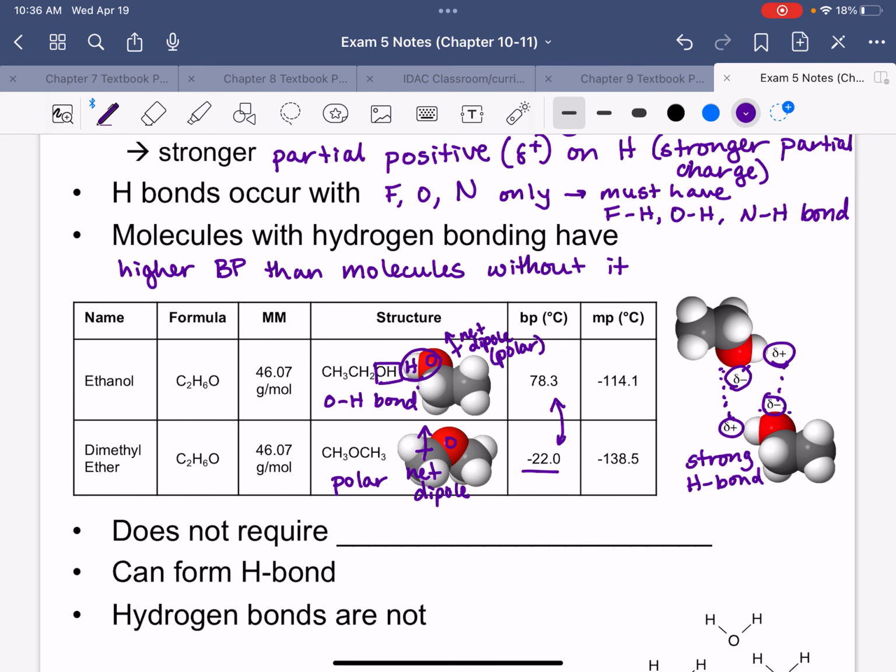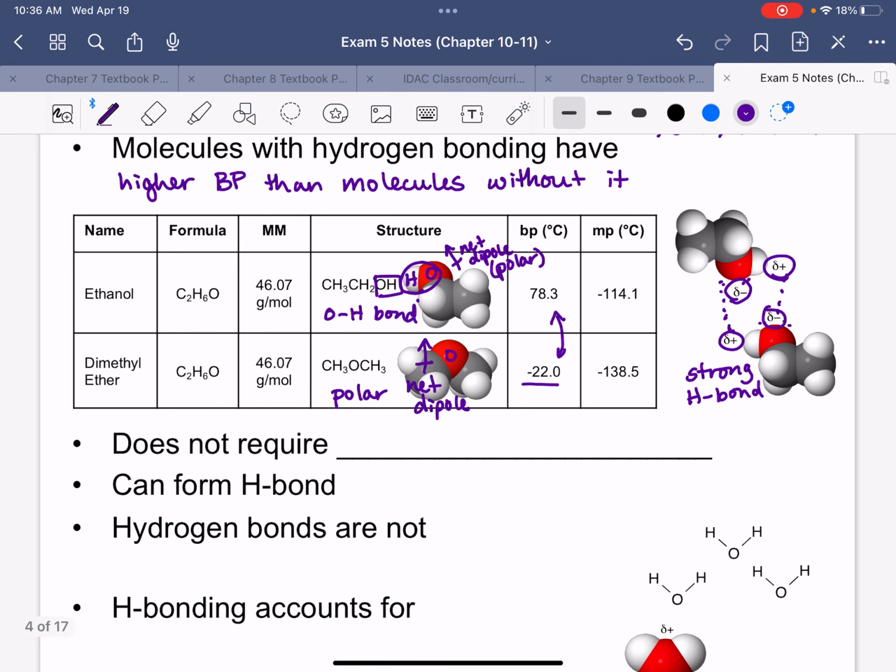Okay, so the thing about hydrogen bonding generally is that you don't actually have to have a net dipole in your molecule. So you can have hydrogen bonding even without dipole-dipole interactions. All you have to have is those bonds, either the FH, OH, or NH bond.